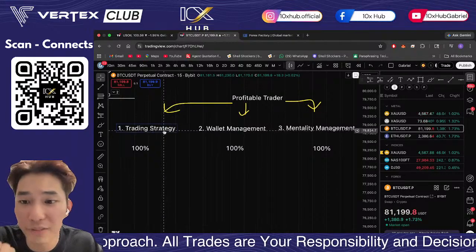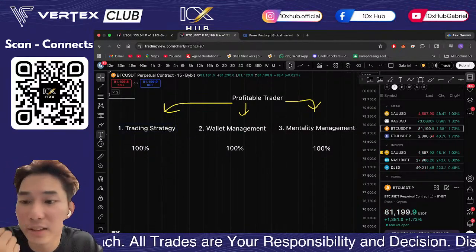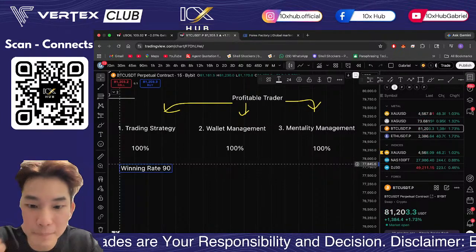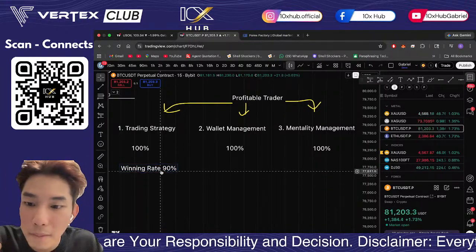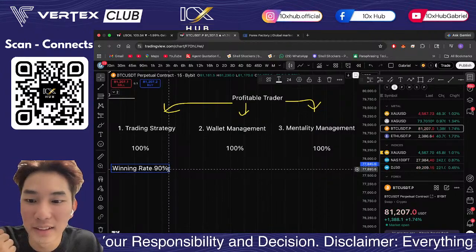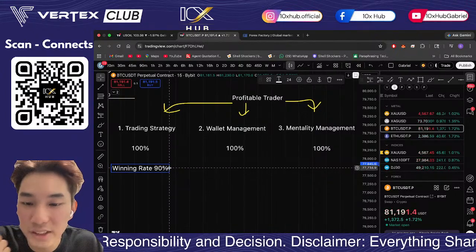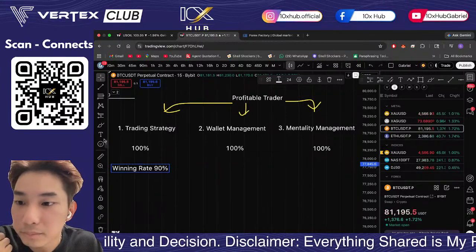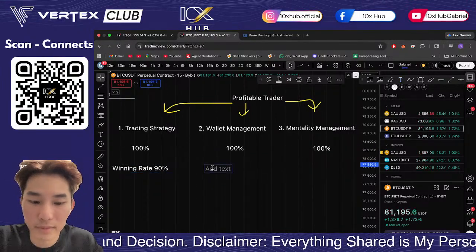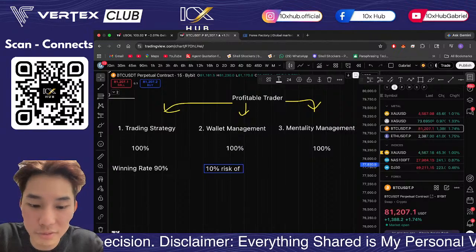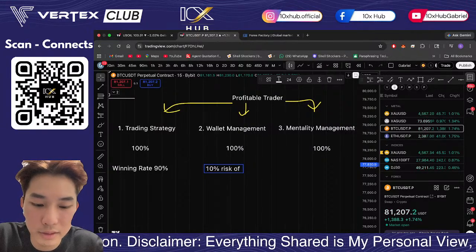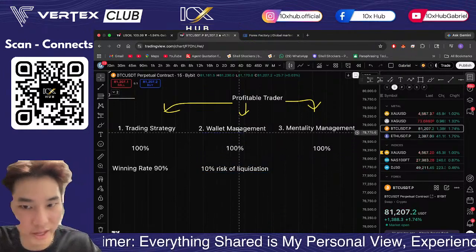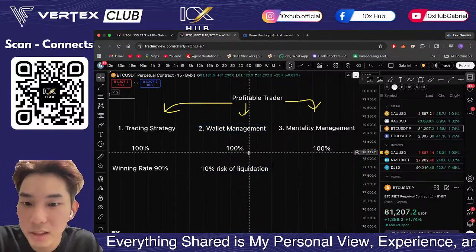Because if you really have a good trading strategy, let's say a 90% winning rate, but you still have a 10% risk of losing your whole wallet, a 10% risk of liquidation, if we do not have proper wallet management.